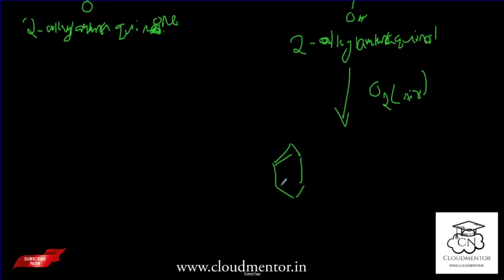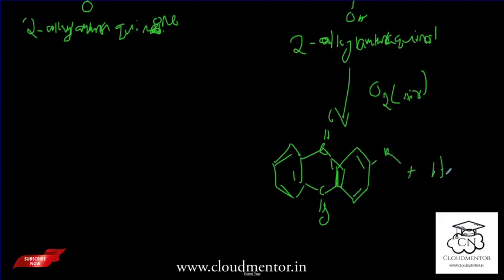We get the ketonic group again, that is, we get 2-alkyl anthraquinone again, and we get hydrogen peroxide along with that.